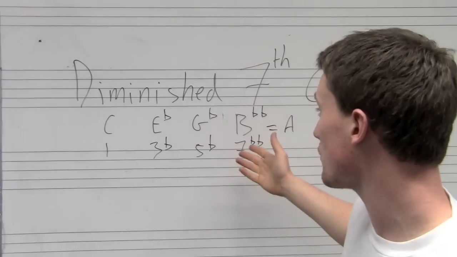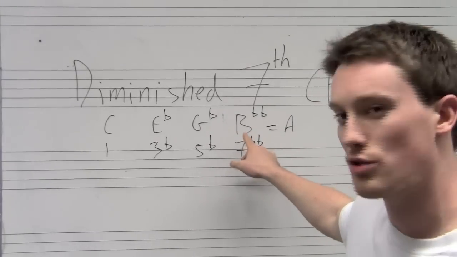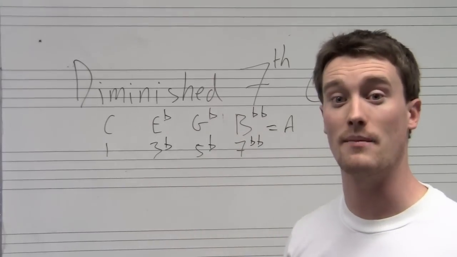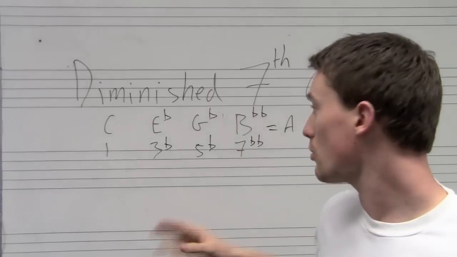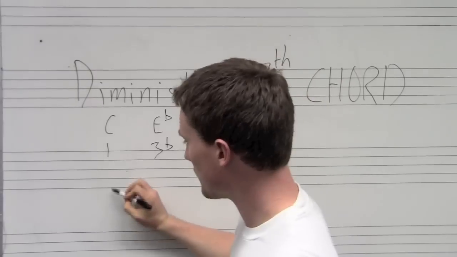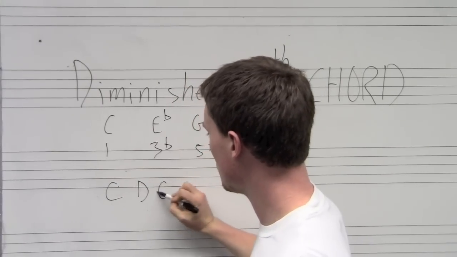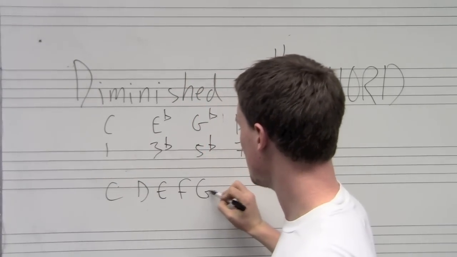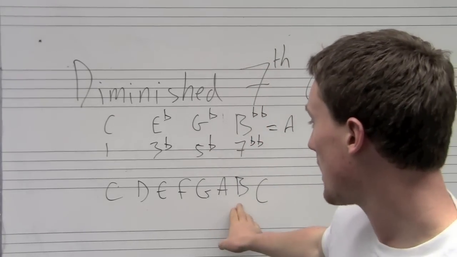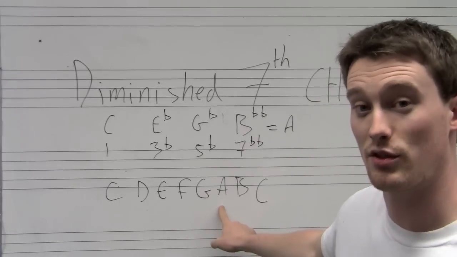Now, some of you are going to say, well, it doesn't look too nice to have a B double flat, wouldn't it just be easier writing an A? And it is easier writing an A. The only reason why I'd stick to the B double flat is if you write out the C major scale again, if you have a look, A is the 6th degree.